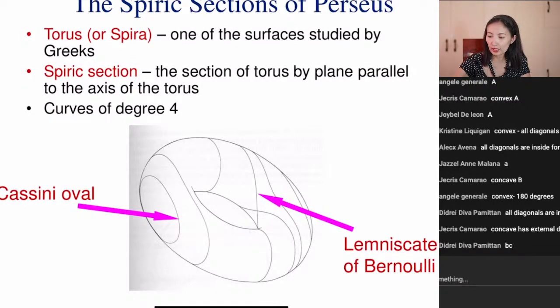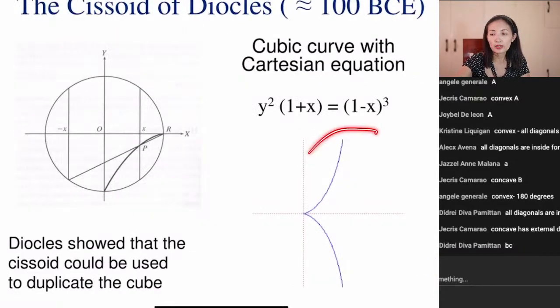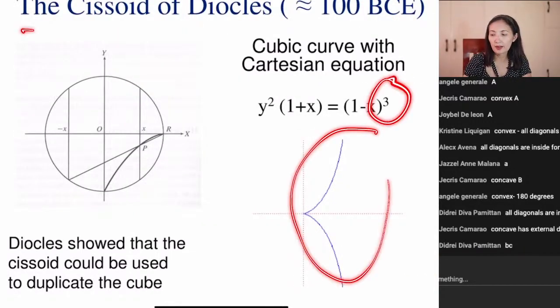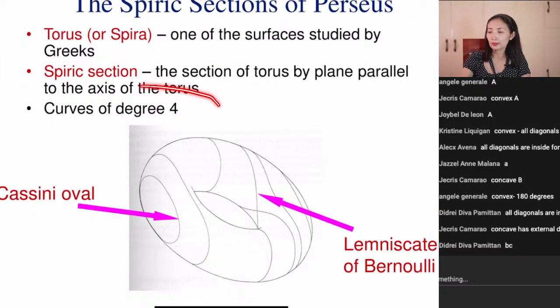So this one is an oval, Cassini oval, lemniscate of Bernoulli. This is an example of a curve of degree 4. Earlier, a curve of degree 3, the cissoid. And this one, this time, is a curve of degree 4.